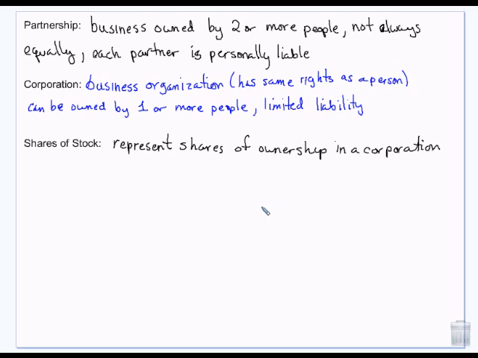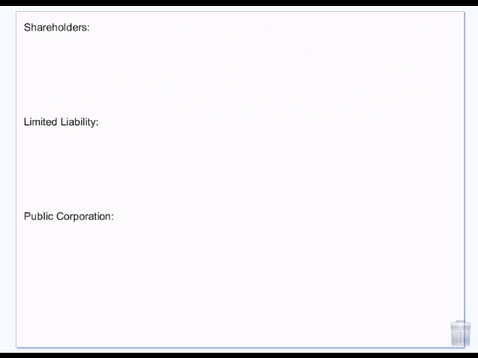Or I could decide to sell some of my shares. Shareholders are people that own the shares of stock. And you're a shareholder if you own even just one share of stock.